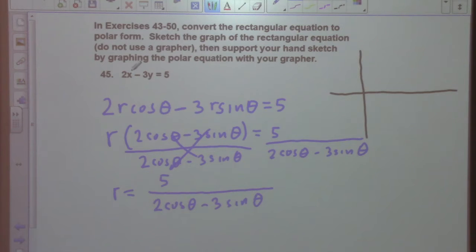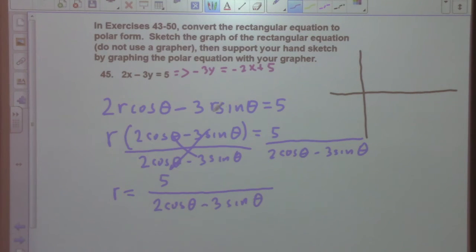So it says 2x minus 3y equals 5. Let's solve that for y. How do you solve this for y? Well, you got negative 3y equals negative 2x plus 5.